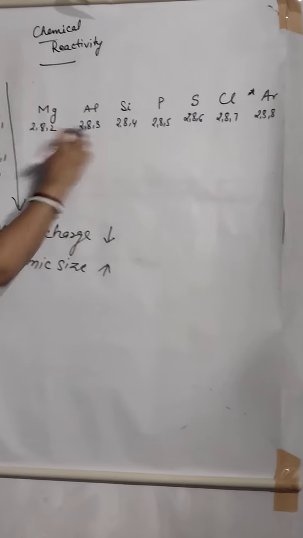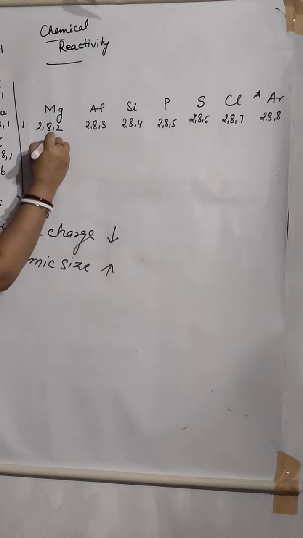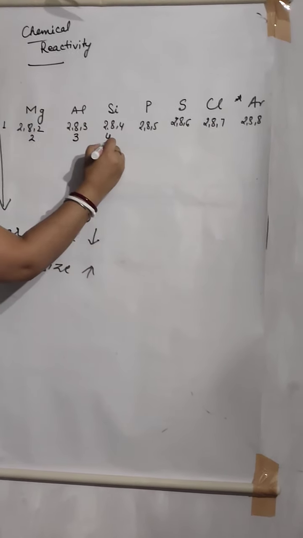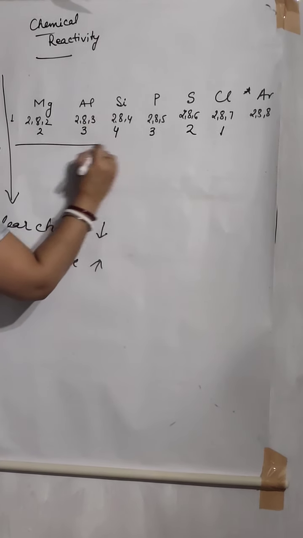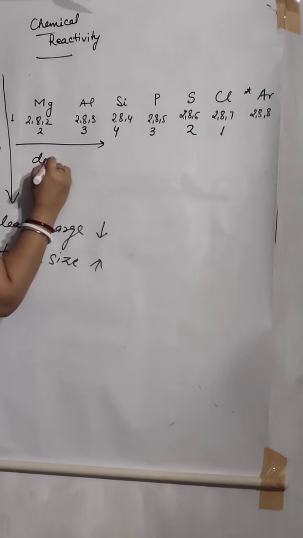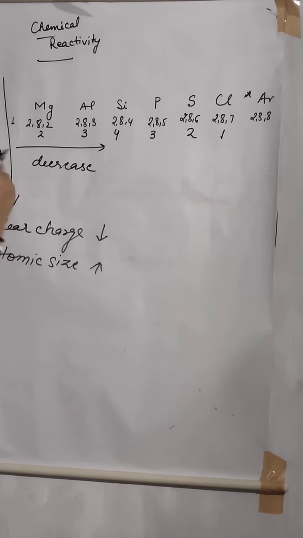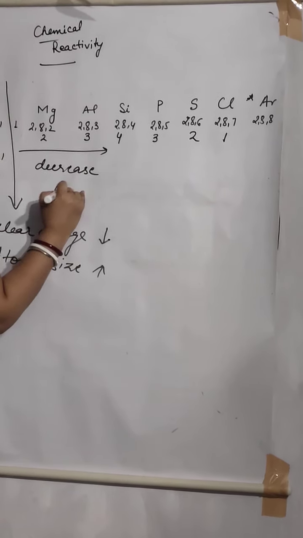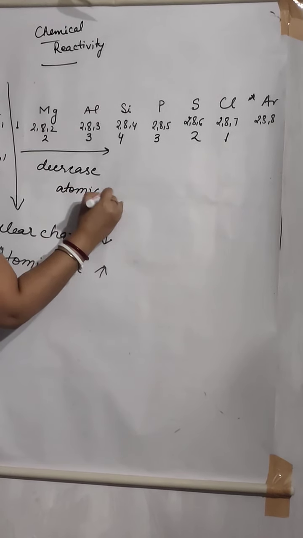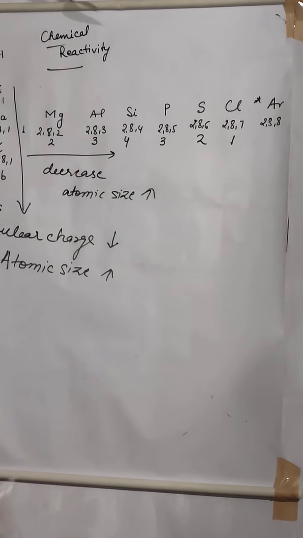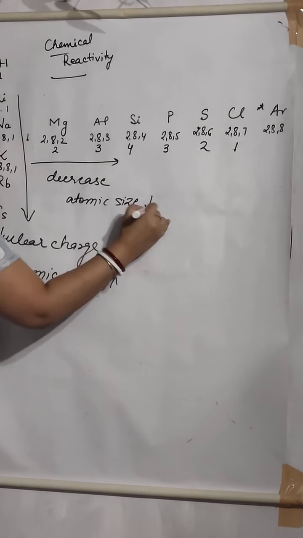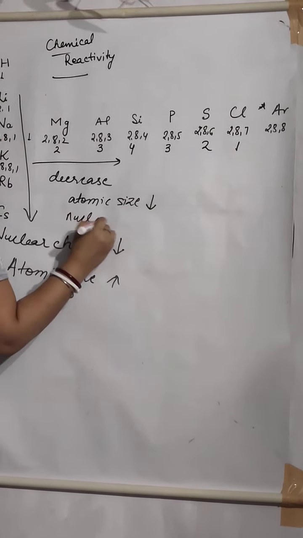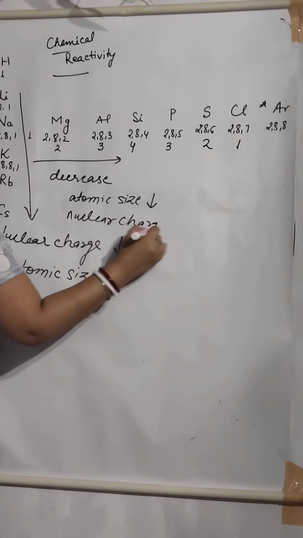Now as we move across the period, its valency will be 1, its valency will be 2, then 3, then 4, and then it will be 3, then 2, then 1. So what happens when we move left to right in a period? The chemical reactivity first decreases. Atomic size is decreasing, that means nuclear charge is increasing.